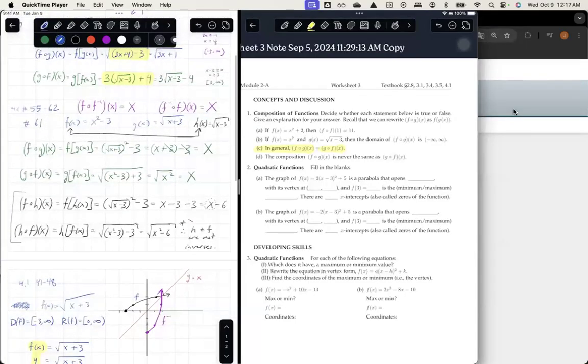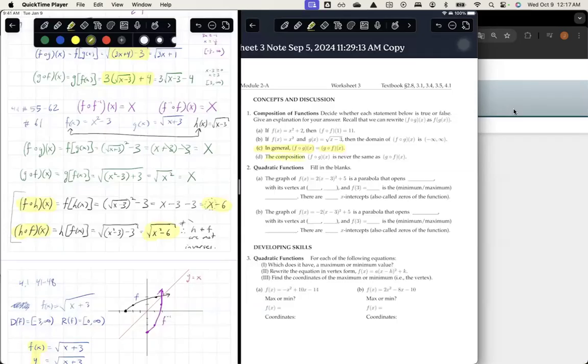Well, here we have an example of f of h, where we got x minus 6, and h of f, where we got something different, the square root of x squared minus 6. So no, in general, the order of composition does matter. They will not be equal, usually. Oh, and then we have a similar question here.